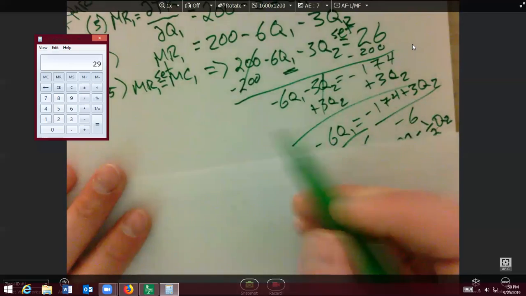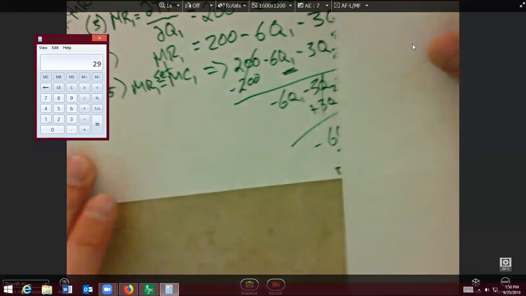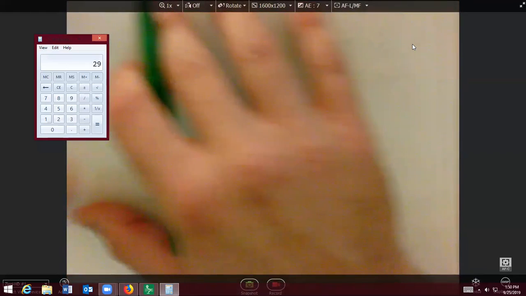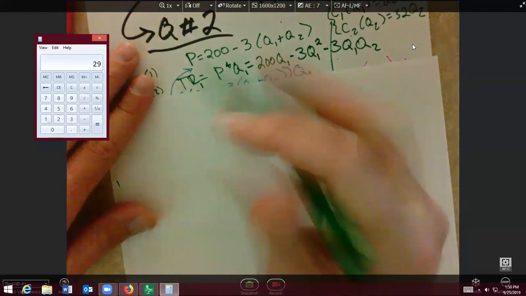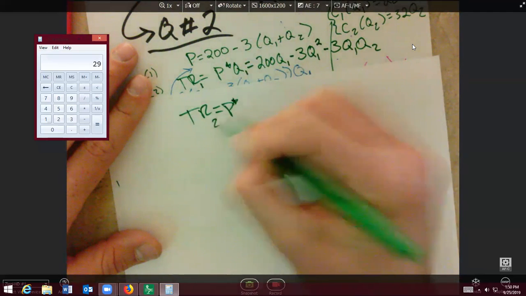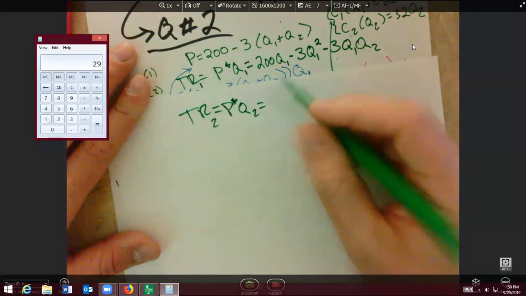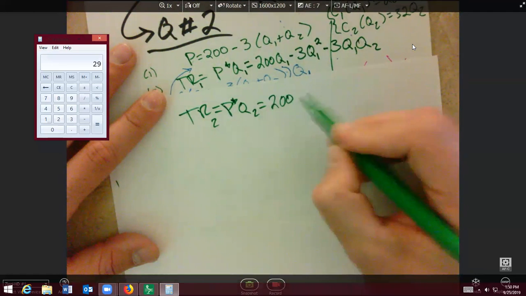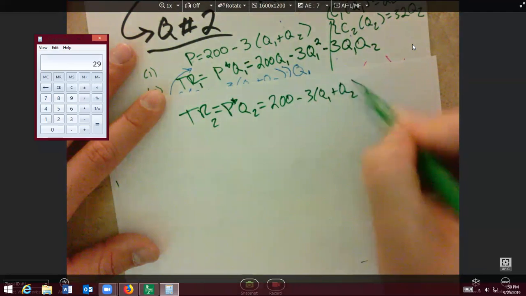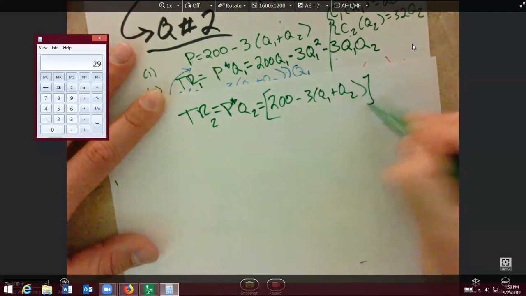Okay, so quickly now, let's do the same process for firm 2. Total revenue is equal to price times Q2, right? So it's going to be 200 minus 3Q1 plus Q2, all of that times Q2.